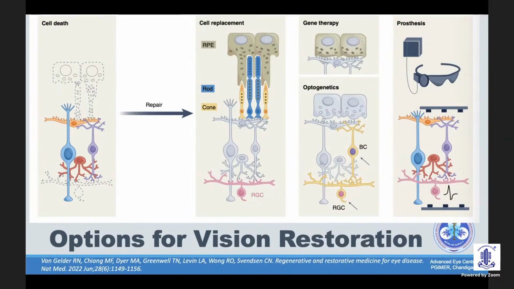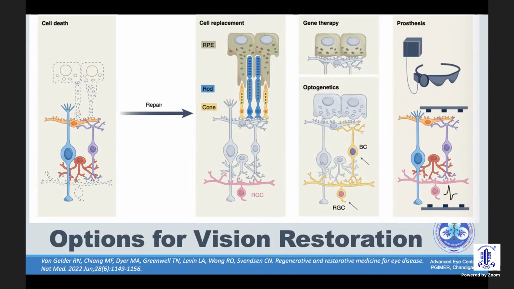So if the photoreceptors are not functioning, you try the bipolar cells and the ganglion cells, give them some chromophores and see whether they can detect light and transmit it and give some vision to the patient. That is optogenetics. And then obviously prostheses, which are still being developed.